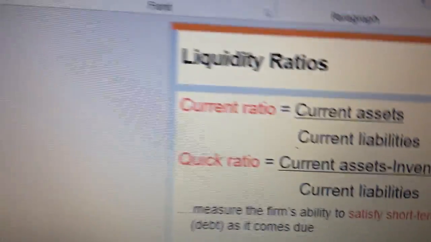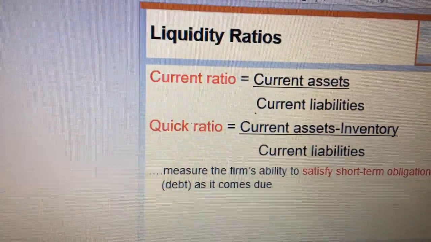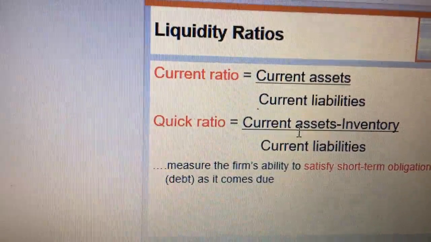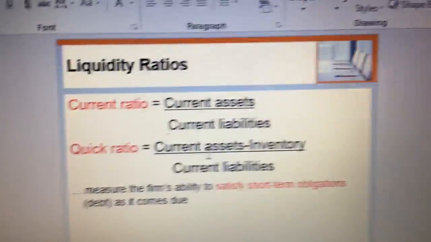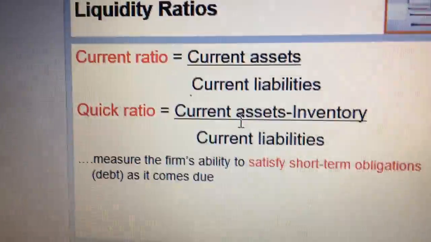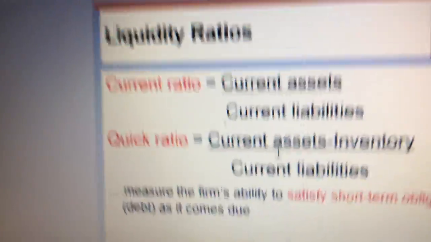Okay, your liquidity ratios have to do with 2 ratios, your current ratio and your quick ratio. Now, if you follow along and you want to do these out, you can do them out on your sheet here. Okay, current assets, current liabilities. Go back to your Bartlett financial statements. Let's find those numbers.